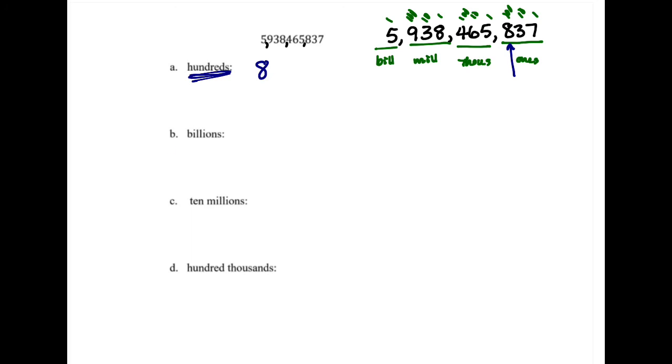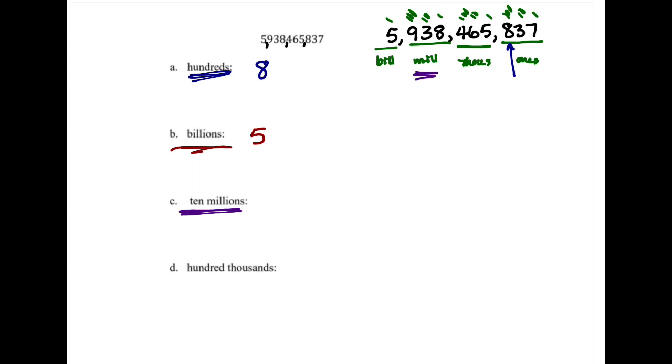Okay, the billions place, all the way up here. It's not 10 billions or 100 billions, it's just the billions place, so that's going to be the 5. Okay, 10 millions.